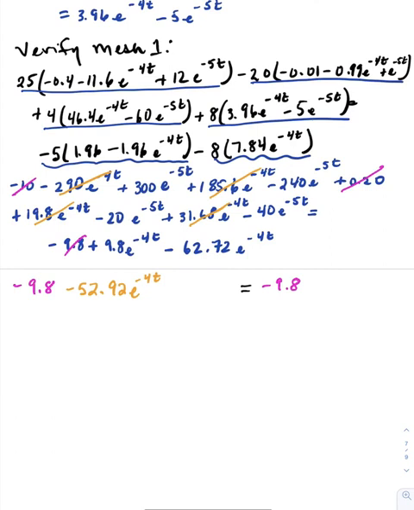So if we add these two up on this side, that's minus 52.42 e to the minus 4t.